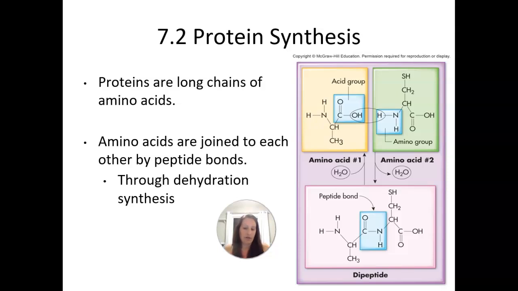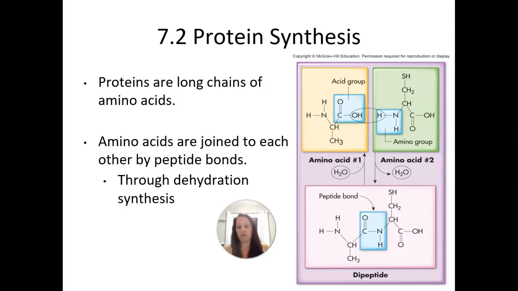When we have 2 amino acids together, we call that a dipeptide. When we get more than 2, so 3, 4, 5, 20, 100, however big the protein is, we're going to call that a polypeptide. Okay, so single amino acids are just called amino acids. When you have 2 amino acids together, we call it a dipeptide. They'll be held together again via a peptide bond.